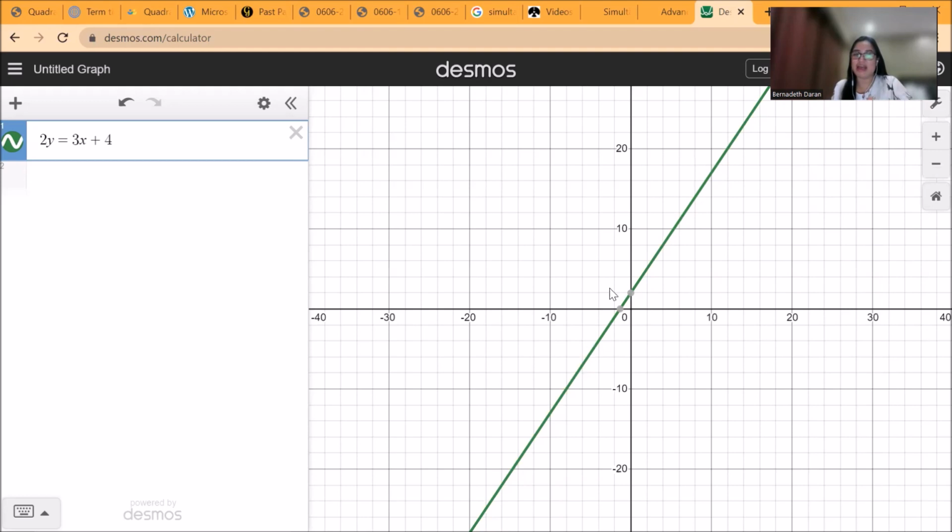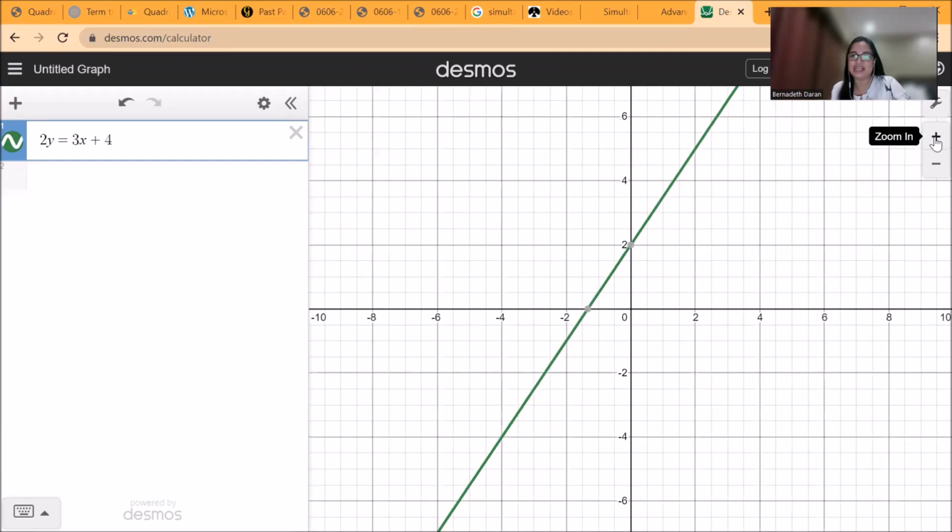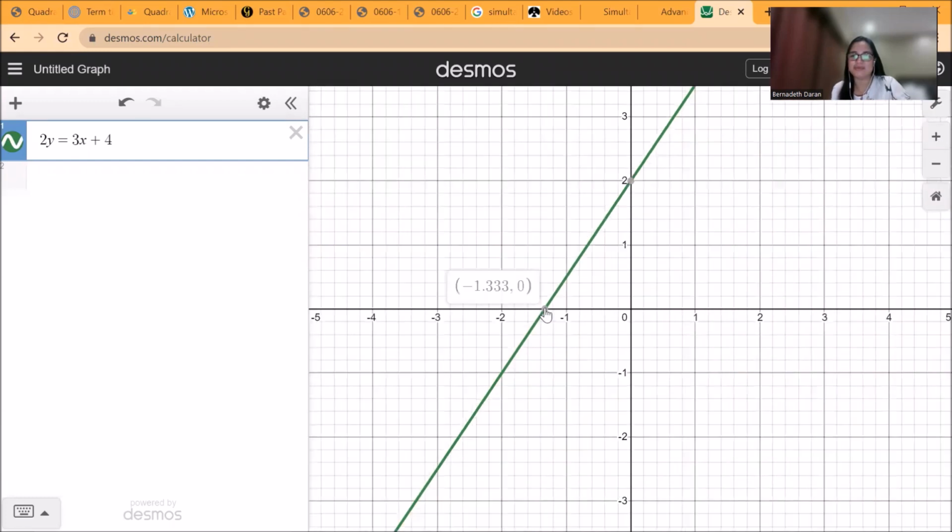So this is the graph of 2y is equal to 3x plus 4. If you notice, the x-intercept is negative 1.333, and the y-intercept is 0, 2.